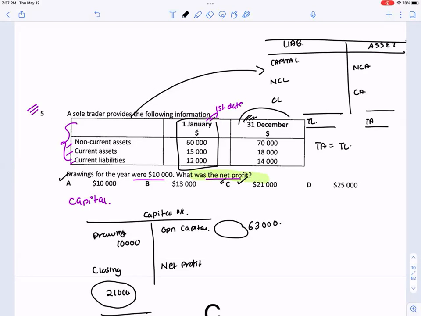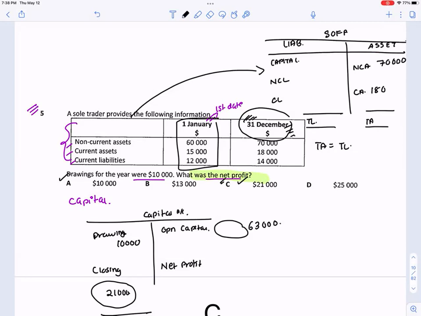Come on, I'm taking the last date. Can you fill information about the last date in this? What are non-current assets, Umer? 70,000. What are current assets? 18,000.